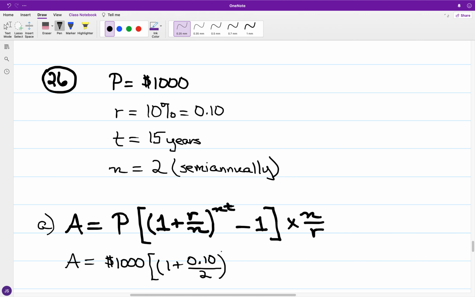For N times T, we have 2 times 15. We got minus 1. And for times N over R, N is 2, and R is again 0.10 from the 10%.